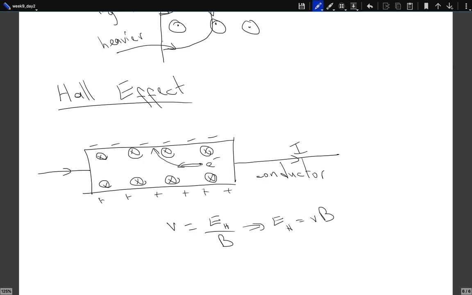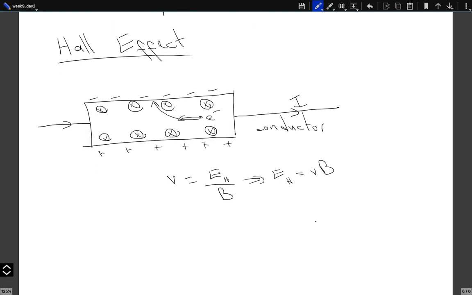Until this value, the electrons will keep moving up. Once this Hall electric field is reached, the electrons will just go straight. One important thing is the upper edge is negatively charged, the lower edge is positively charged.